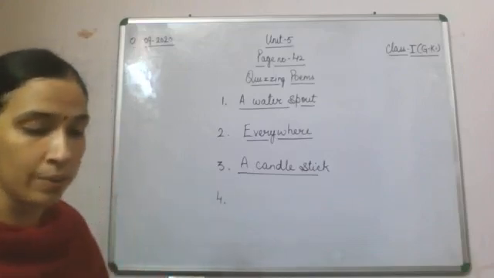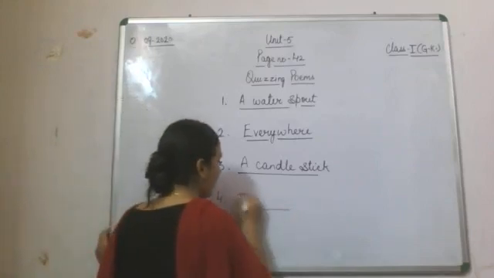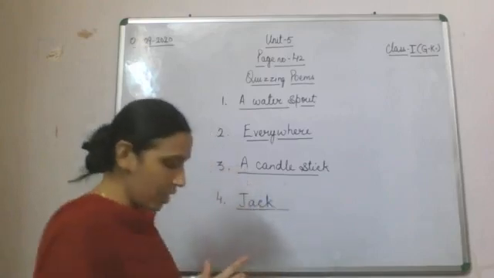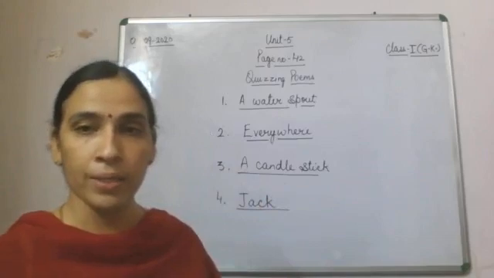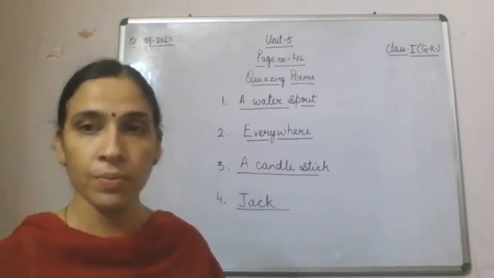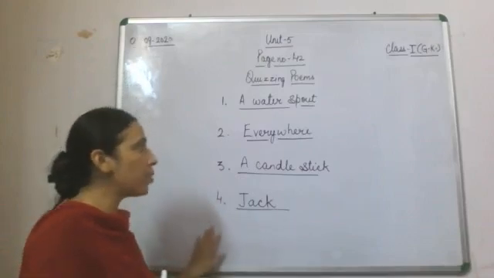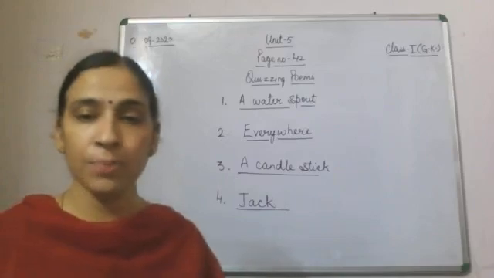So who fell down? Yes, the correct answer is Jack. Jack fell down and broke his crown. Now for number 4 we have seen that Jack fell down and broke his head in this poem.